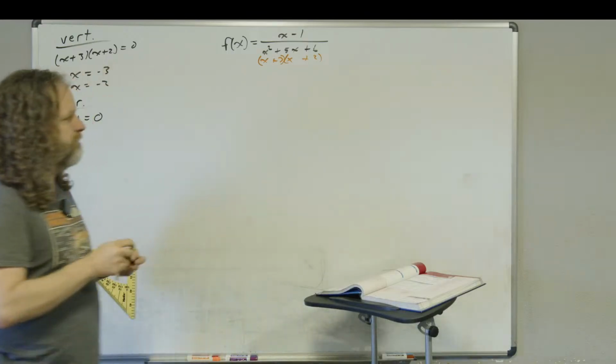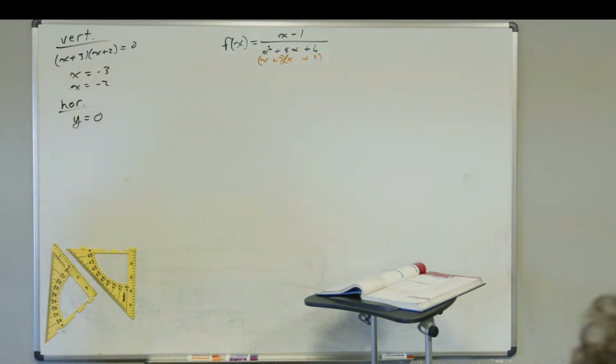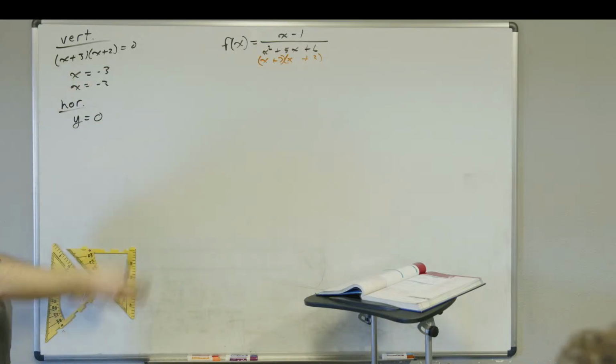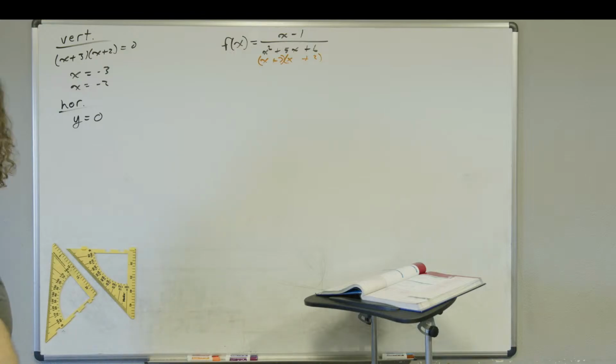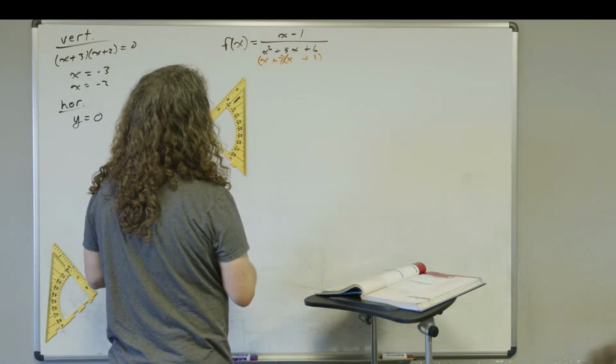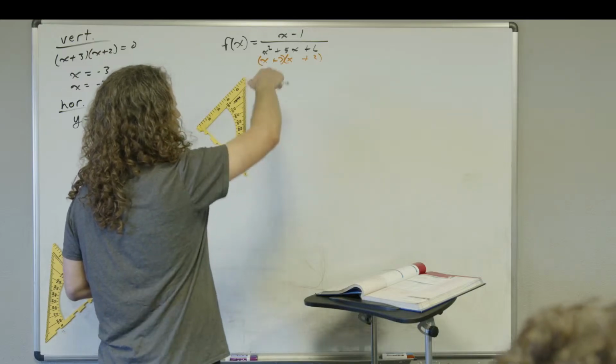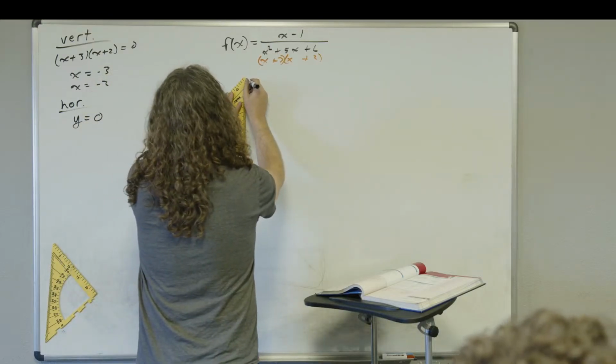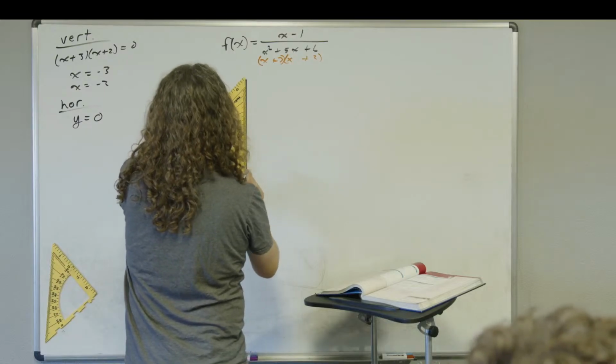What should we do now? Get some points on a graph. I haven't even done any of this yet. There are no holes. How do I know whether there are holes? Because if we have a common factor in the numerator and the denominator that cancels out, then you got a hole, right?